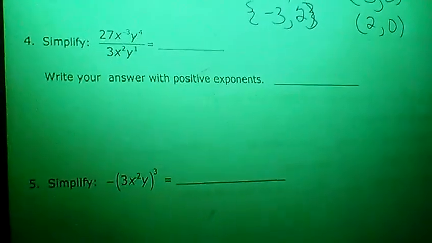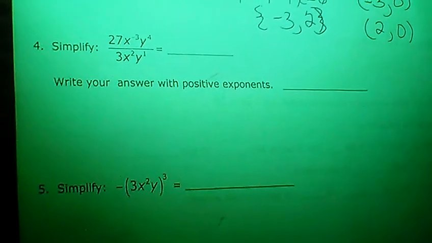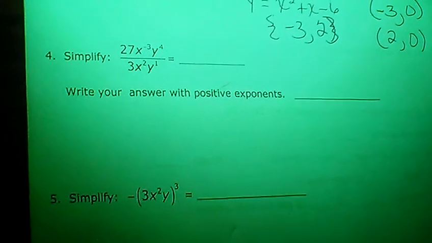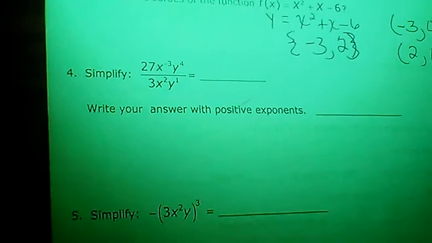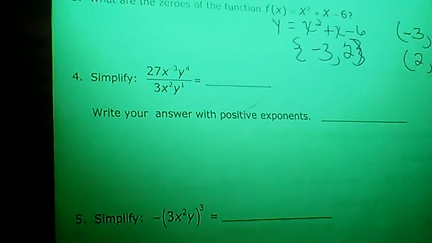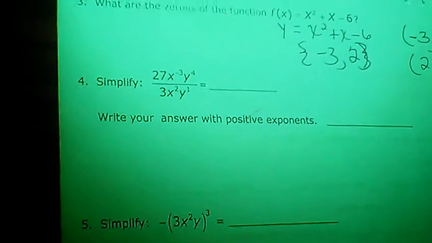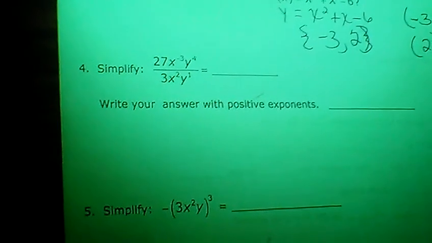Problem 4. Simplify 27x to the negative third power times y to the fourth power over 3x to the second power times y.